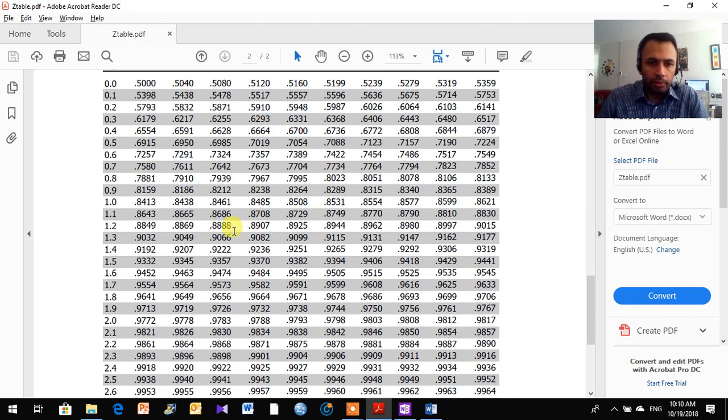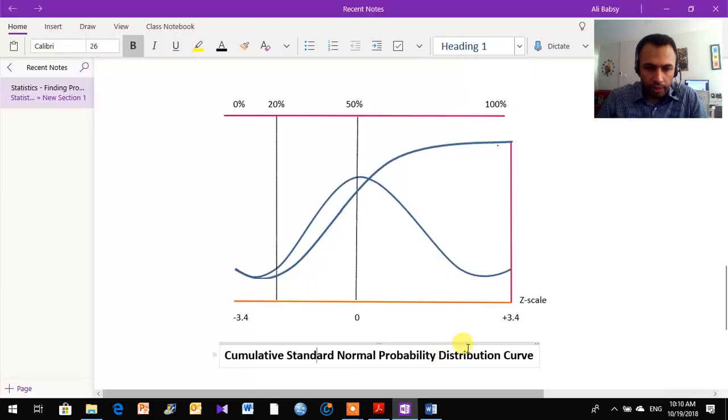If we have the standard table, we can easily estimate that, and we do this in different types of tests like Z-test, t-test, and few others. And curve itself means the curve, and we are distributing all the probabilities under this curve. So overall that becomes cumulative standard normal probability distribution curve.